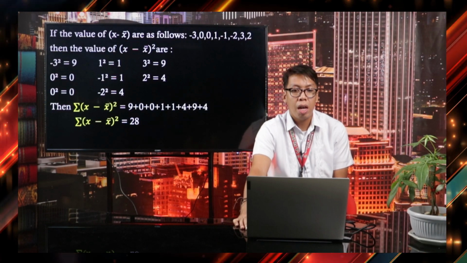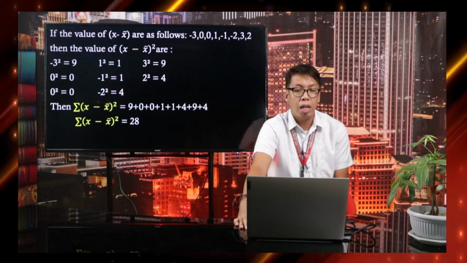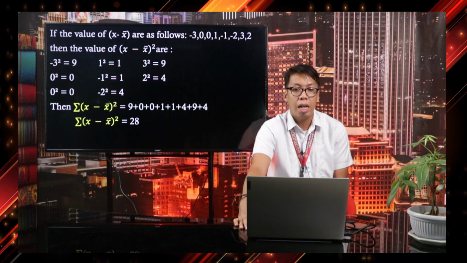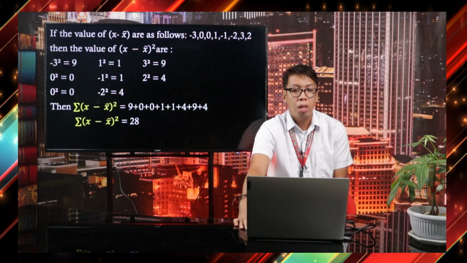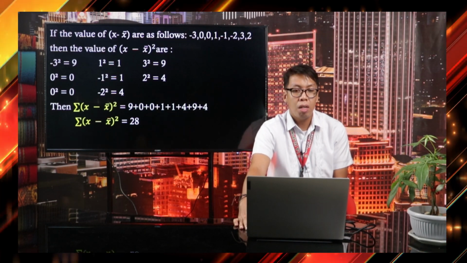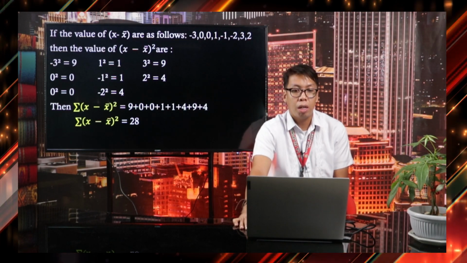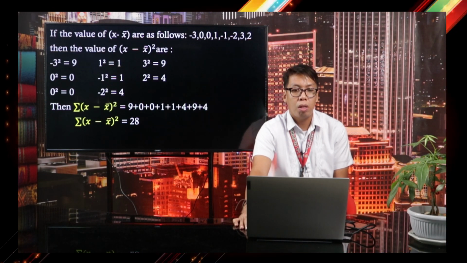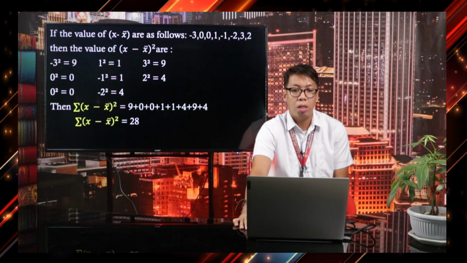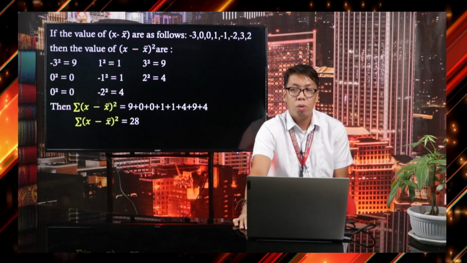If the values of x minus mean, or score minus mean, are negative 3, 0, 0, 1, negative 1, negative 2, 3, 2, then the values of x minus mean squared are: negative 3 squared is equal to 9, 0 squared is equal to 0, 0 squared again is equal to 0, 1 squared is equal to 1, negative 1 squared is equal to 1, negative 2 squared is equal to 4, 3 squared is equal to 9, 2 squared is equal to 4.